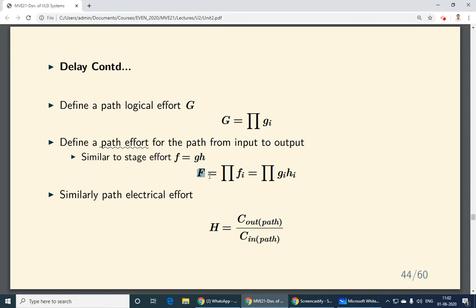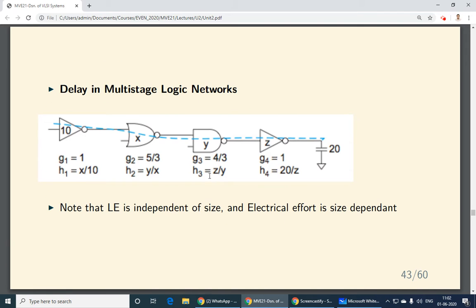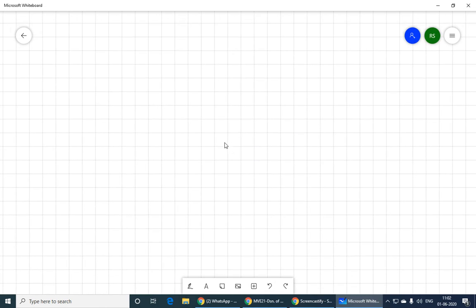That is the first thing. Now, for example, here in the previous case, we can calculate it. It's very simple. Capital H. Okay, let's say I want to calculate the logical effort of the path.